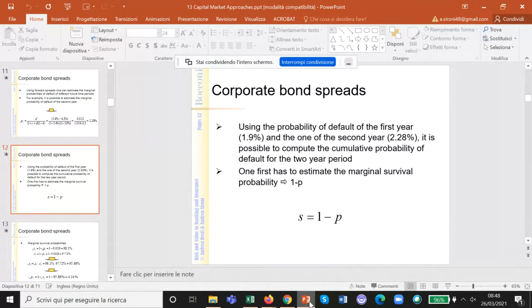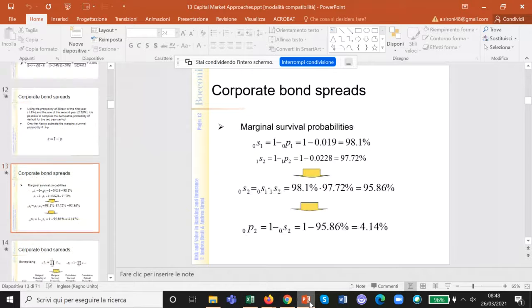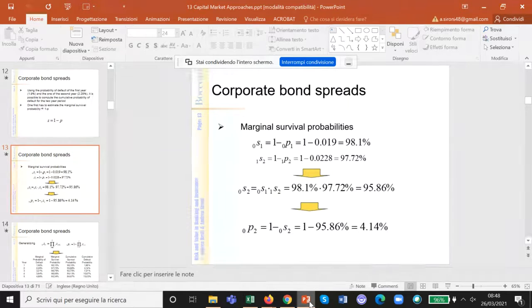So, based on these probabilities of default for the first and the second year, we can also compute the survival probability for the 2 years. As you can see in these equations, the survival probability from 0 to 1 is simply 1 minus the probability of default, i.e., 98.1%.